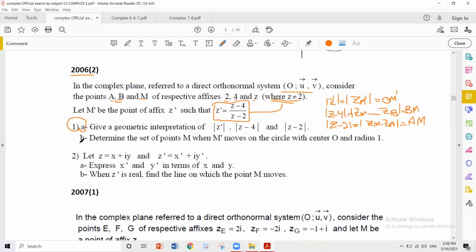Part B, determine the set of points M when M prime moves on a circle of center O and radius 1.